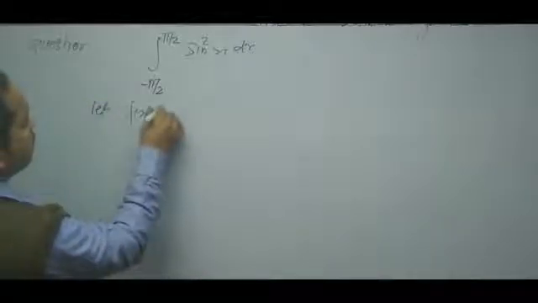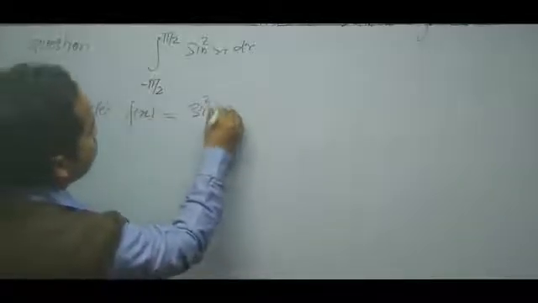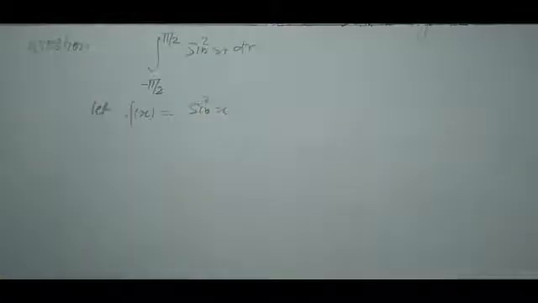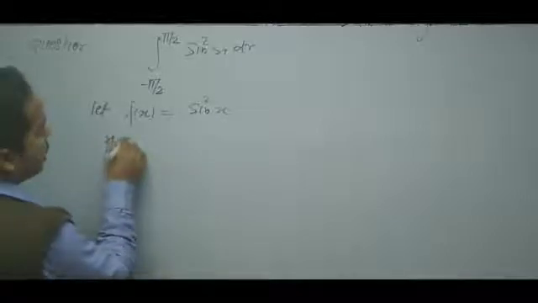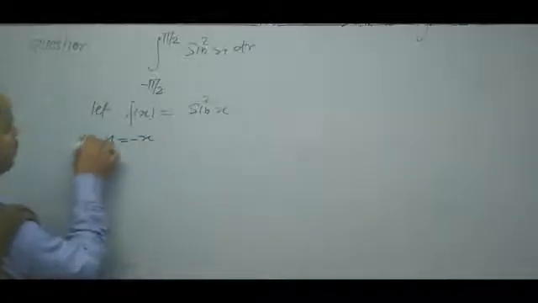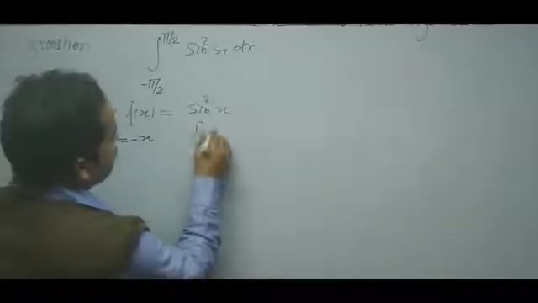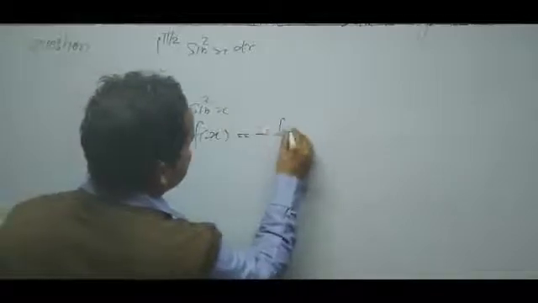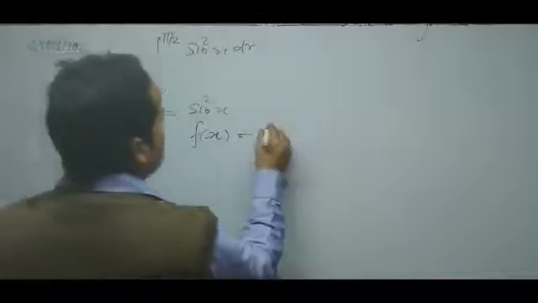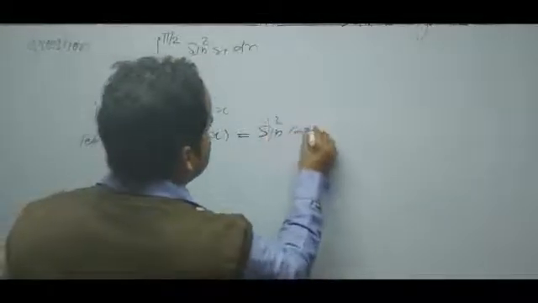So see, let f(x) is equal to sine square x. Then f of minus x, what can we write? F of minus x we can write as sine square of minus x.